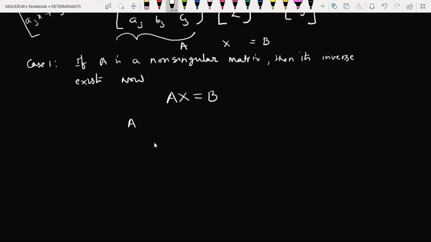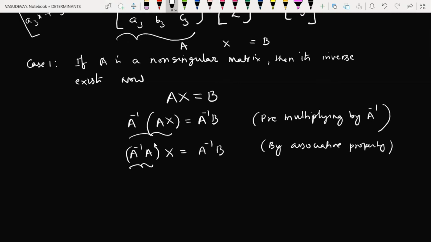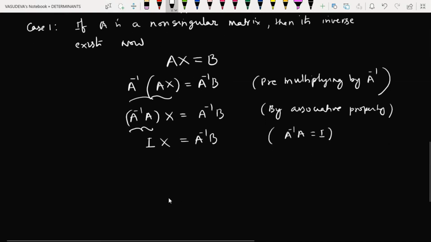Therefore, pre-multiplying by A inverse: A inverse into Ax is equal to A inverse into B. By the associative property of matrix multiplication, this can be written as A inverse into A into X is equal to A inverse B. A inverse into A is equal to I, by the inverse law.